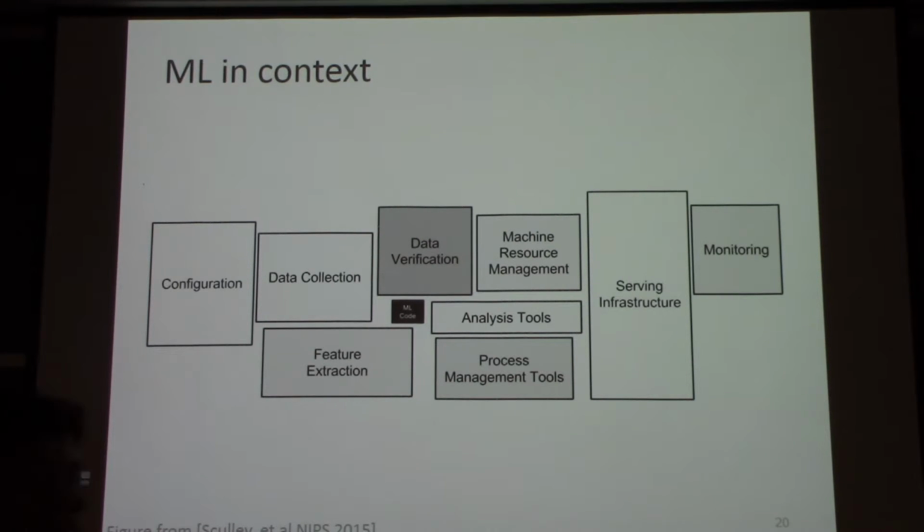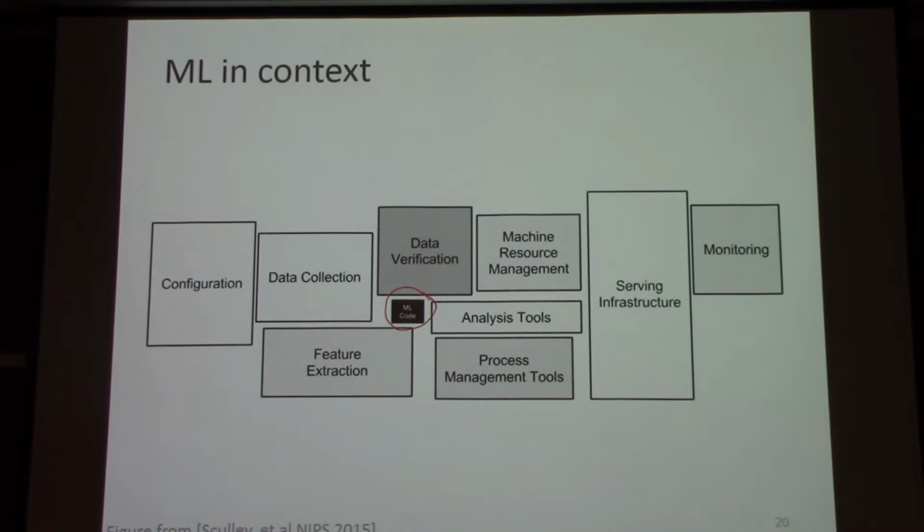And the point of this paper was that typically, even though the focus of this class was that machine learning is important and it's this giant beast that covers a lot of things, in most applications, machine learning is a tiny little piece. There are all those other things that need to come into play. So for those of you who can't see it, this is machine learning. There are all those other things that come into play.